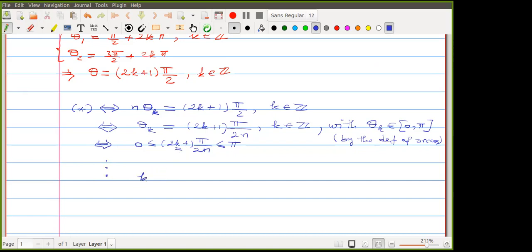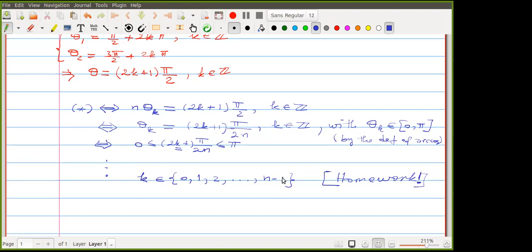k taking the values 0, 1, 2, up to n minus 1. So this is a homework that you should perform. You should do this homework.